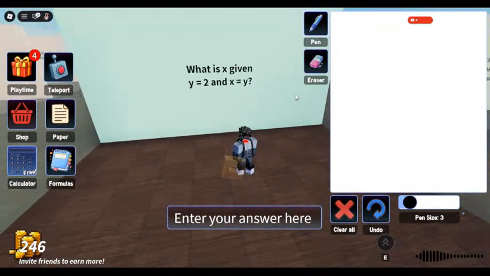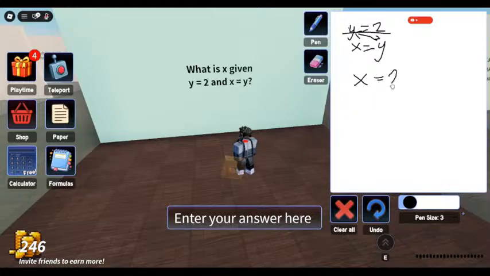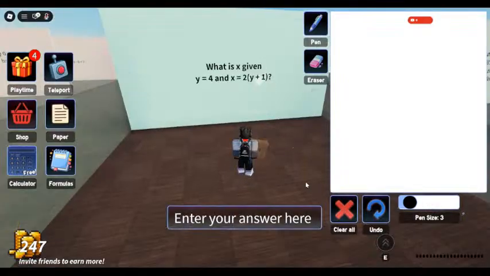What is x given? Okay, so in here we actually have two equations. y is equal to 2 and x is equal to y. In here, we simply change y into this to input the value of y. y equals 2, so x should be equal to 2. Now in here, y is equal to 4.